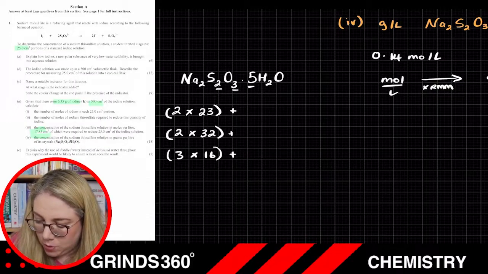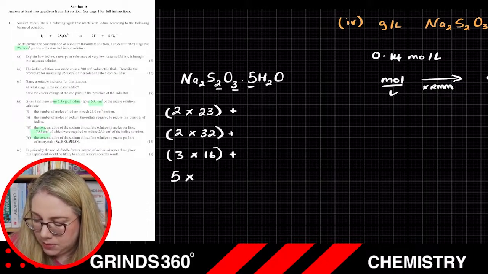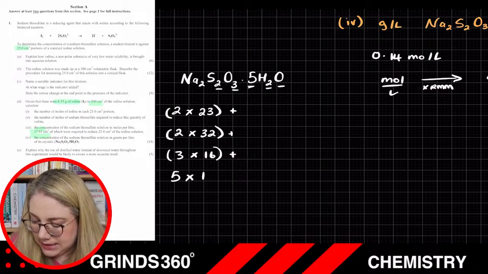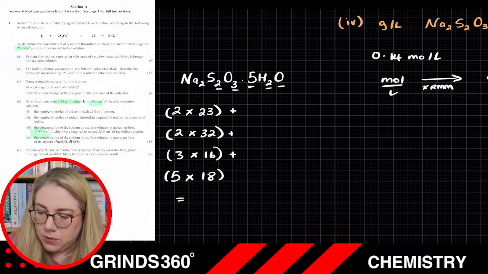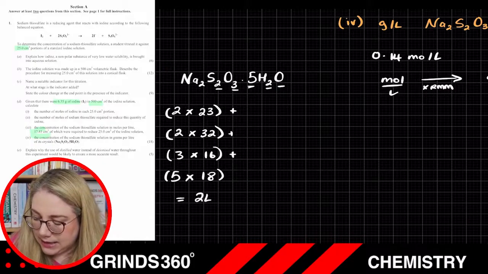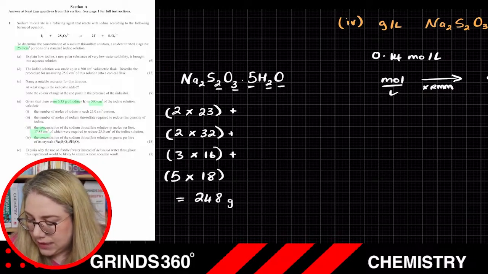Plus you have 5 waters, so it will be 5 multiplied by 2 plus 16 is 18. So it's 5 multiplied by 18. Then when you type that into your calculator and add it together, you get 248 grams per mole.